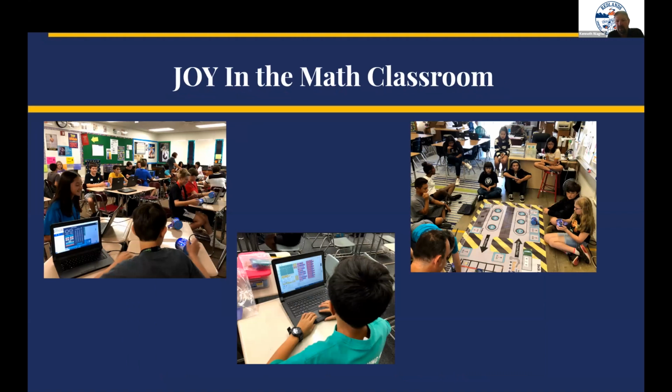I do know that when you walk into any of these classrooms, this is what you see on a daily basis, and you will see kids that can explain to you exactly how the math concept works and why they're sorting or coding or programming, their opportunities the way that they need to solve the problem.